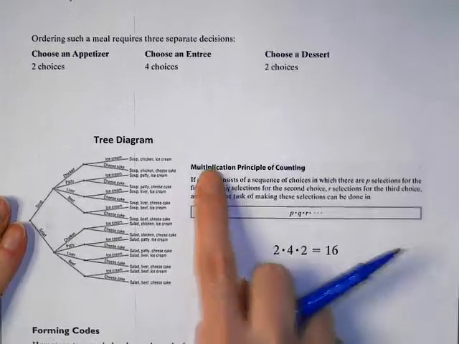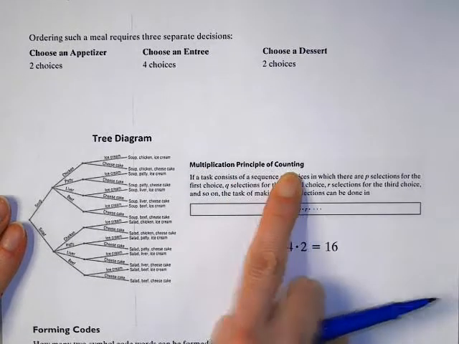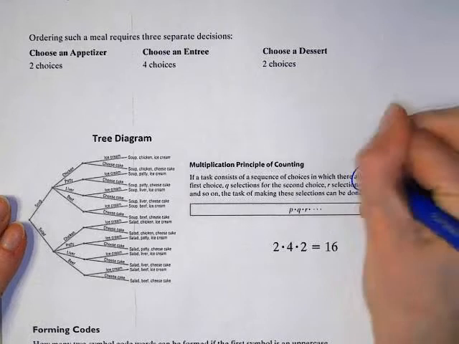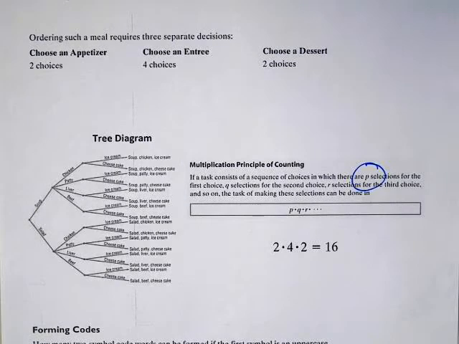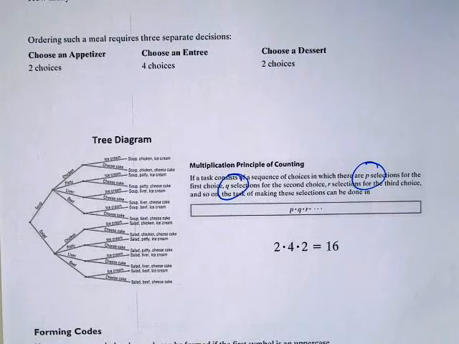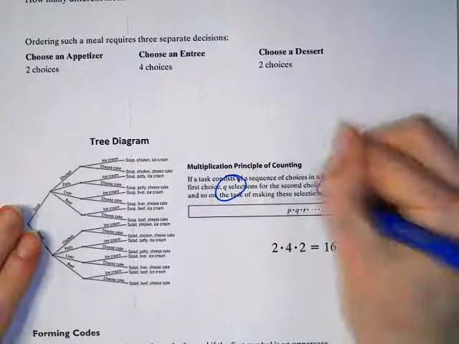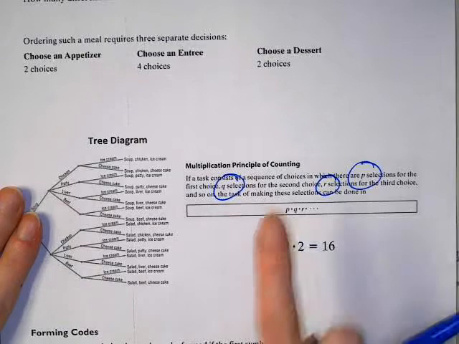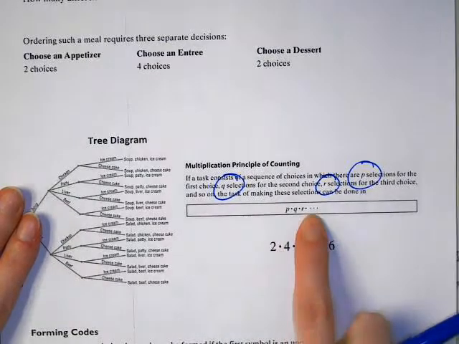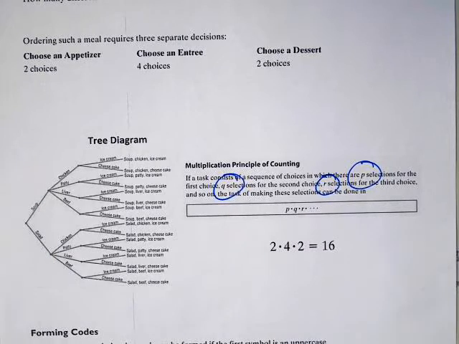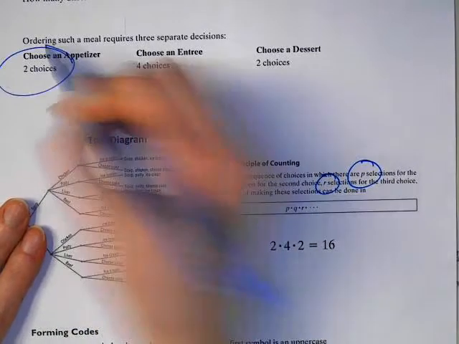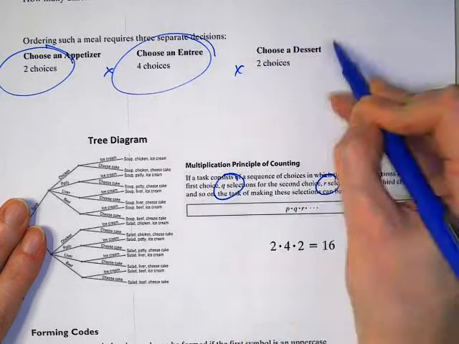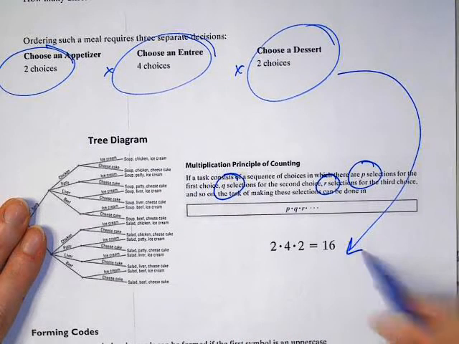So the multiplication counting principle says if there's P selections for the first choice and Q selections for the second choice and R selections for the third choice, the task of making these selections can be done in P times Q times R, and then if there was more, just keep going. So basically 2 times 4 times 2, that's another way to get 16.